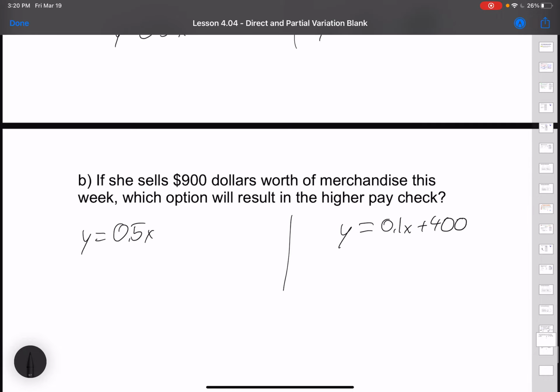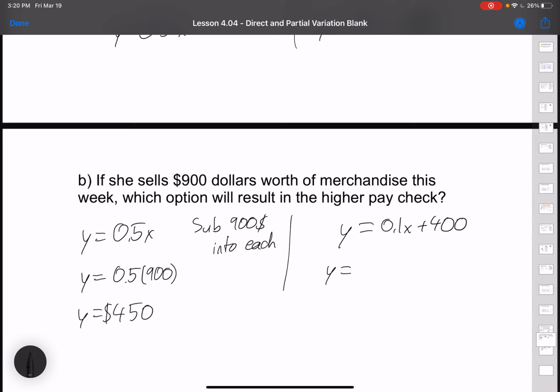So now you just have to go through substituting 900 into each. I'll write that down, sub $900 into each. Okay, so 0.5x becomes 0.5 times 900. And so if she did that option, she will get $450.